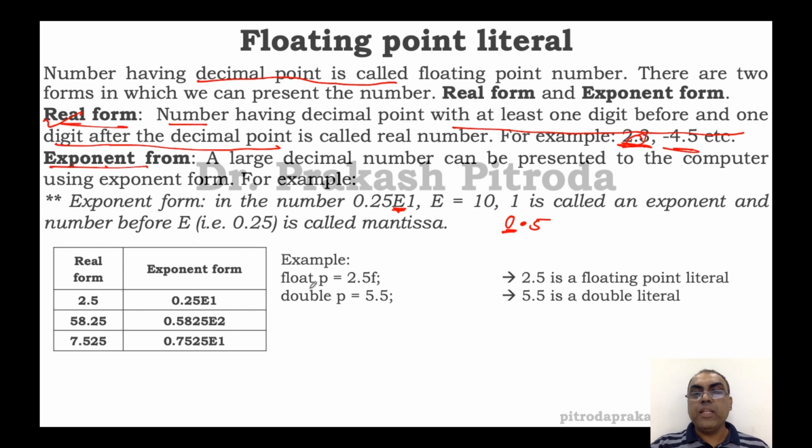So if I have to explain this very simple form, I'll say, if I want to say 2.5, focus here please, can I write 2.5 as 0.25 into maybe 10?